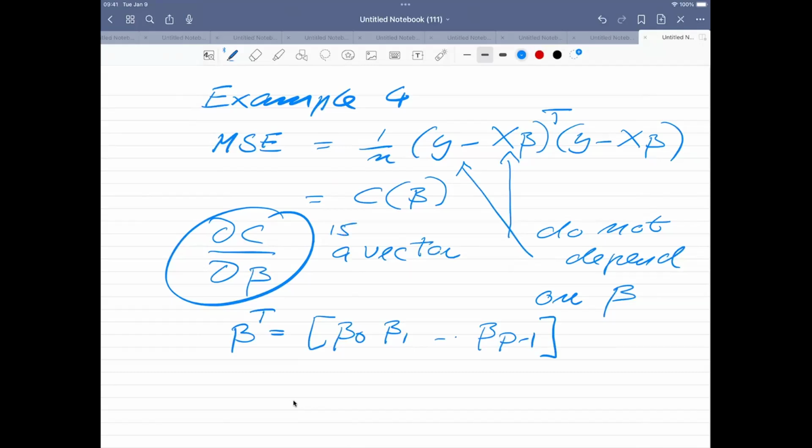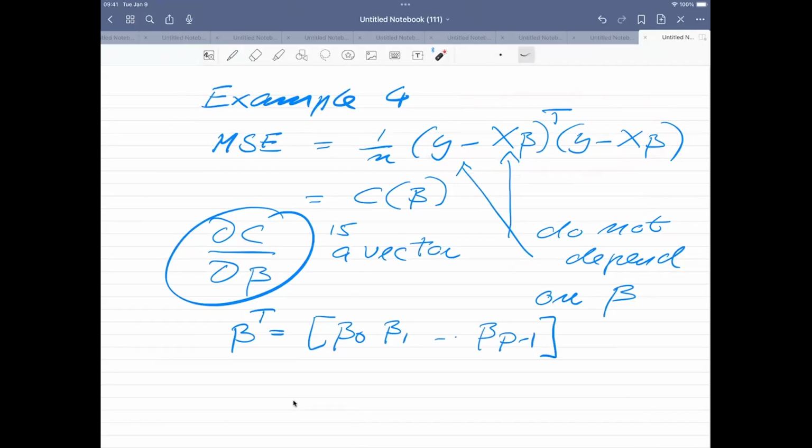Because C is a scalar. And you see that now because here you have the inner product of two vectors. So the thing you need to do here, if you follow the instructions in the lecture notes for this specific week, you will find hints on how to calculate these derivatives.